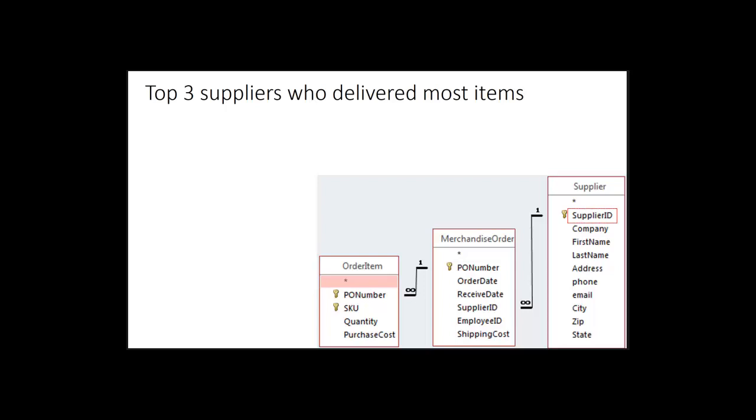In this case, we have a select statement, but what we're going to count is the quantity. We add the quantities on all orders and then group them by supplier.